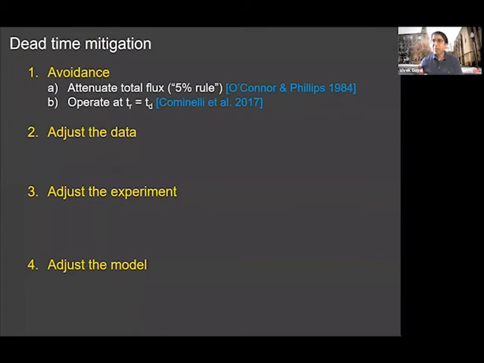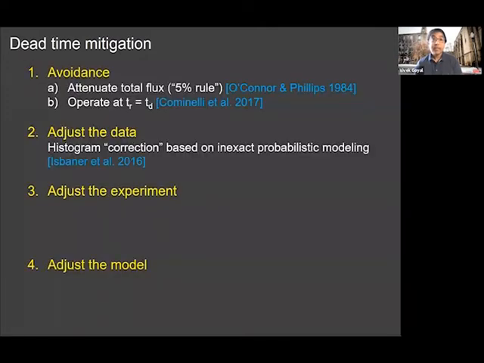I used this 5% number on an earlier slide when I talked about assuming that the lambda of t was low, and therefore making the distortions of the shape of the incident waveform insignificant. There's also an approximate histogram correction method in the literature that actually isn't quite exact.